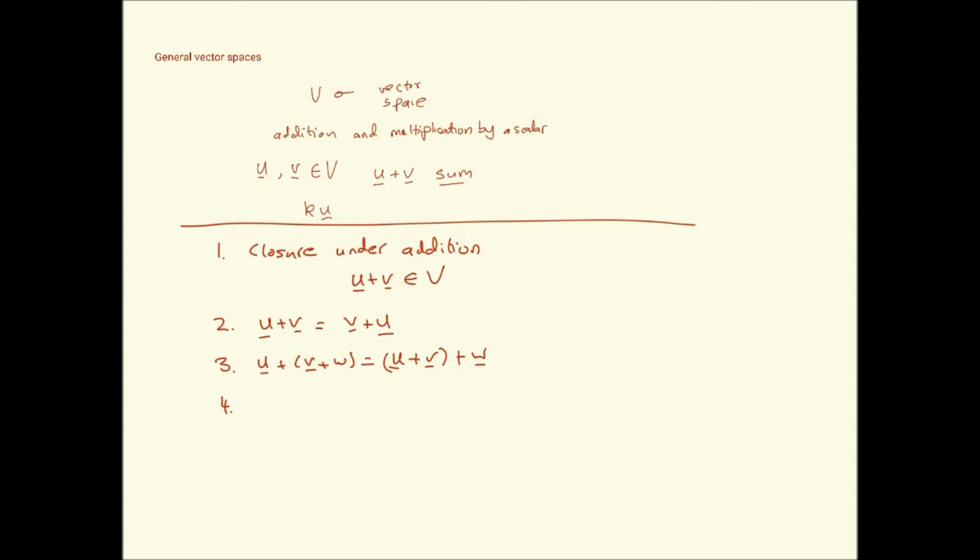Similarly, the fourth one, although this is inherited, is something that we will need to work on quite heavily, and it is the source of a lot of confusion sometimes. There is an object 0 in V. Every vector space has a 0 object. It's called the zero vector.